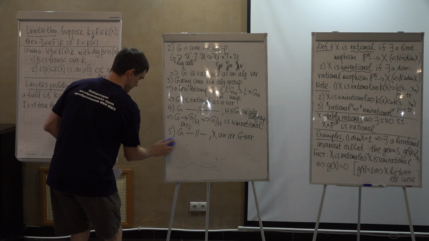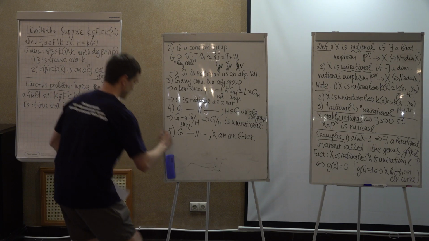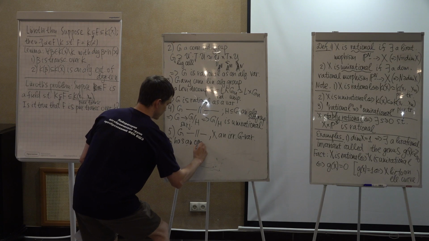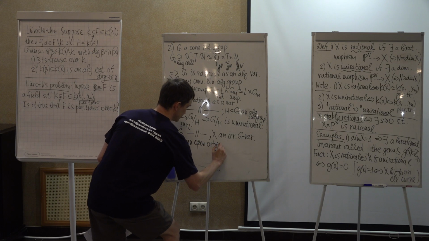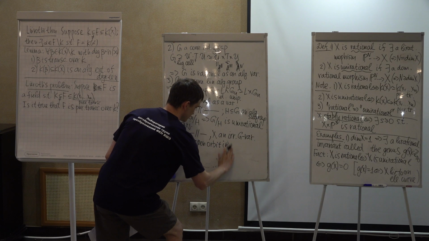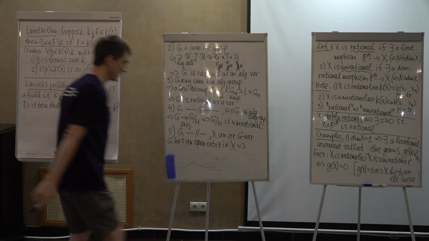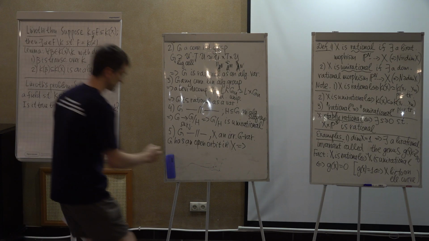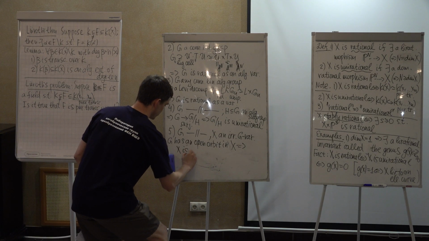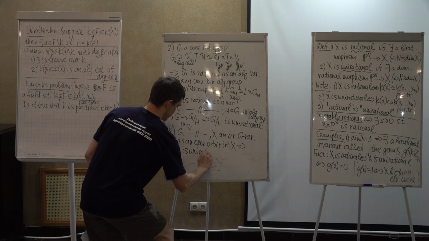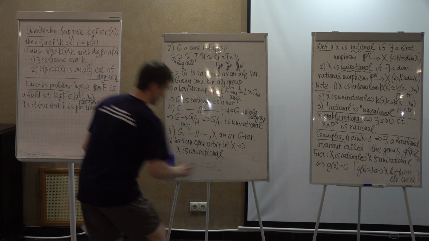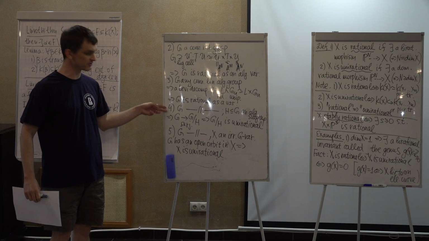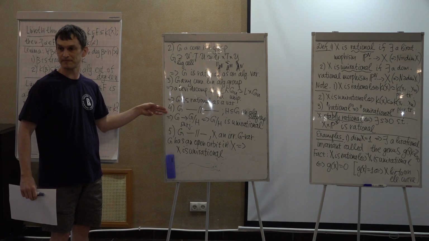Let's require G to have an open orbit. And so this again implies that X is unirational, because actually this example is birational to the previous one. Right?